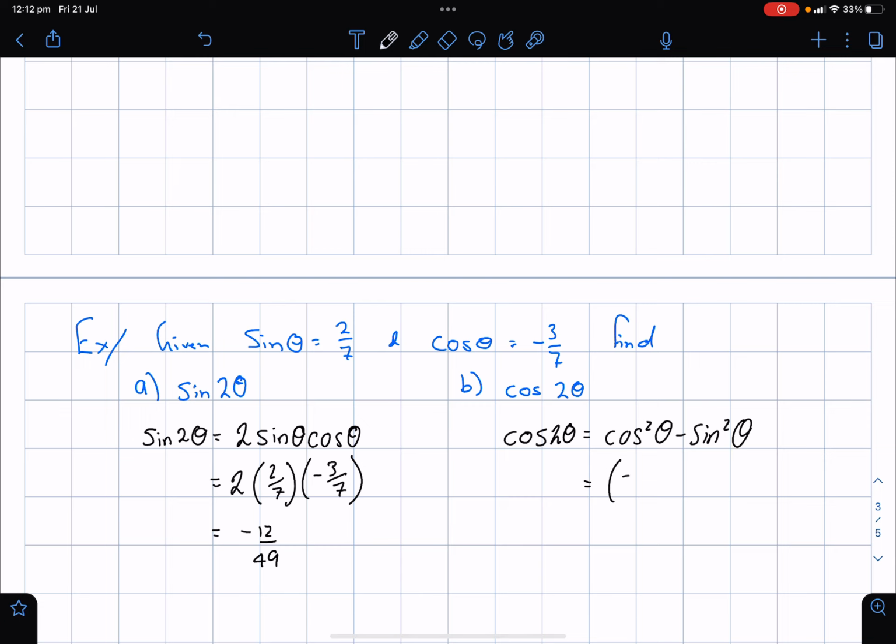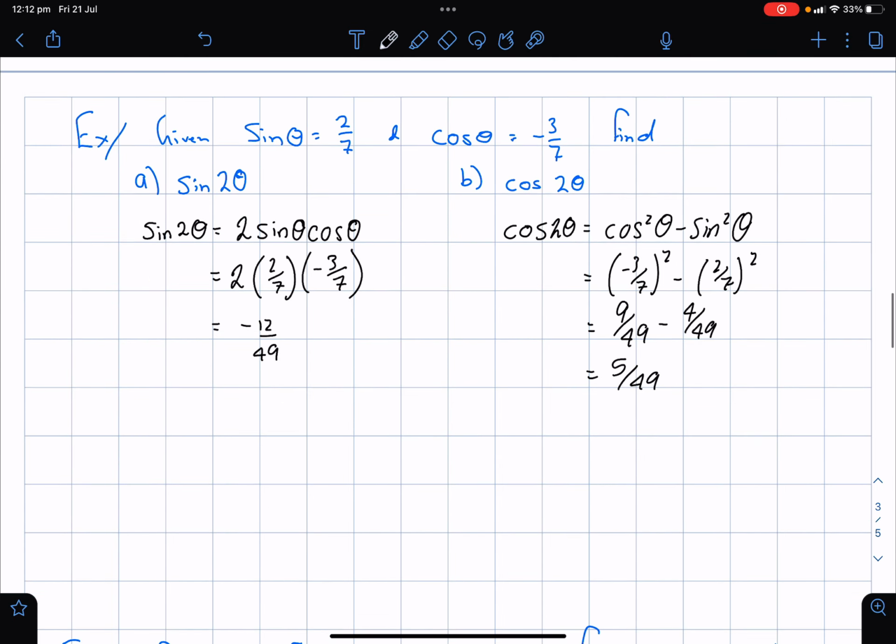So I've got -3 on 7 squared take 2 on 7 squared. So I've got 9 on 49 take 4 on 49, which is 5 on 49. Okay, so we're actually going to start applying some values here as well.